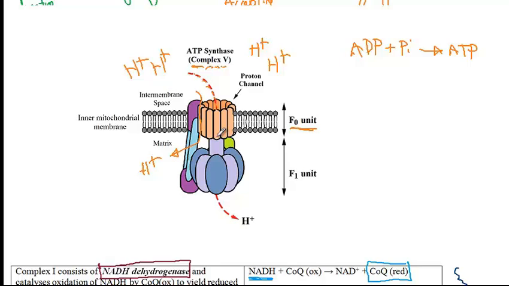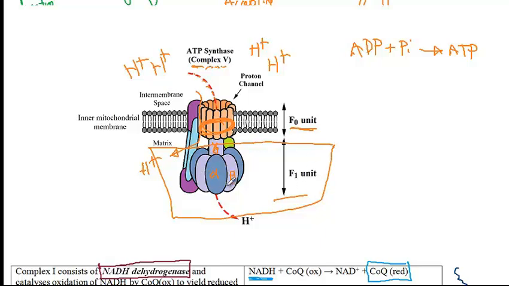And by doing so, the energy from movement of H+ will cause rotation of the F0 subunit. As a consequence, rotation of the F0 subunit will also cause rotation of the subunit shown here and conformational changes in the alpha and beta subunit pairs of the F1 subunit of the ATP synthase.